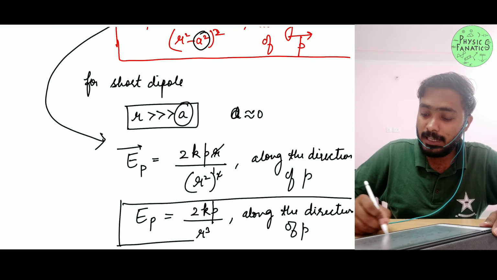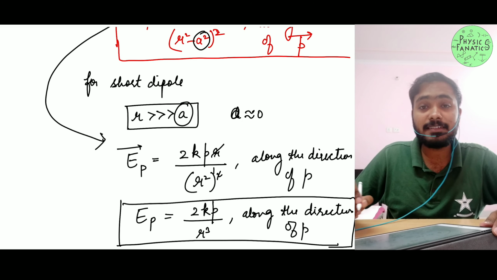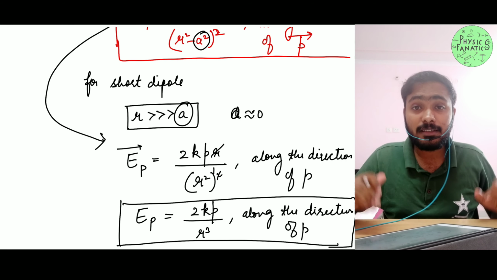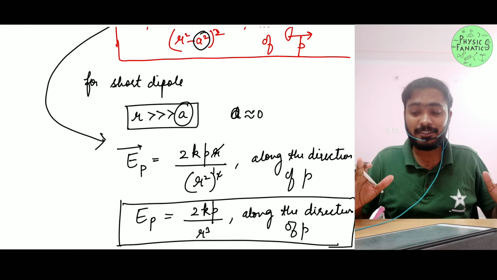This is the electric field on the axis of a dipole. I hope that is understandable. So this is the first case. Let's move to our next case.